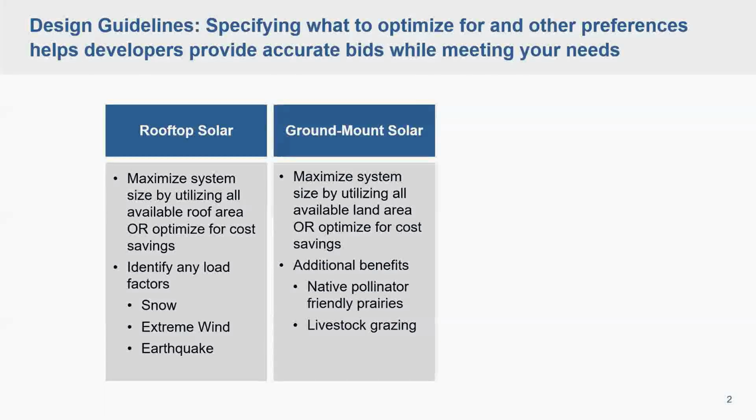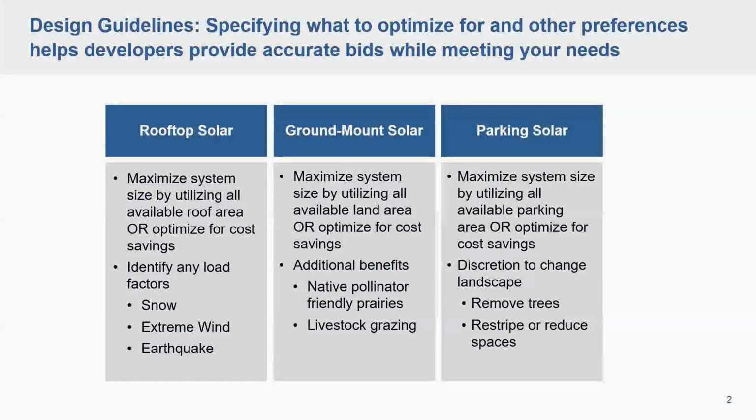Also letting the developer know, are you looking for additional benefits, like maybe a priority is co-benefits like native pollinator friendly prairies that can go hand in hand with a ground mounted system, or maybe livestock raising integrated into the system. This is helpful for the developer to know if they should be including this in their bid.